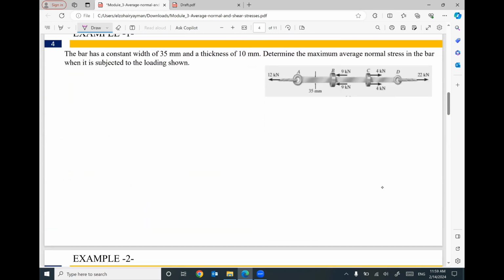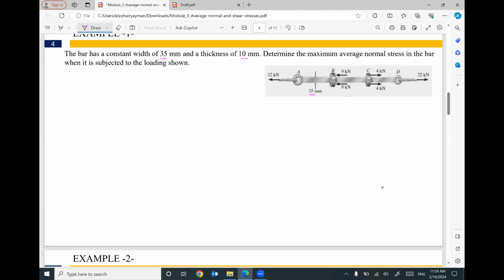The first example: we have a bar with constant cross-section. The width is 35 millimeter, and the thickness of this bar is 10 millimeter. This cross-section is constant throughout the bar. We need to figure out the maximum average normal stress in this bar.